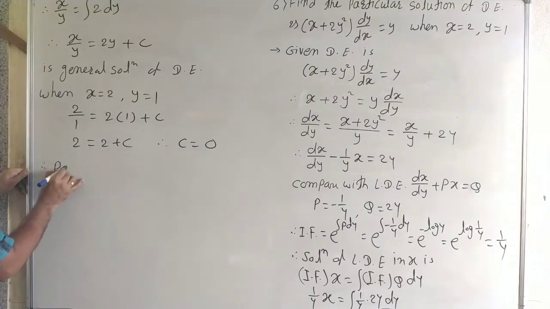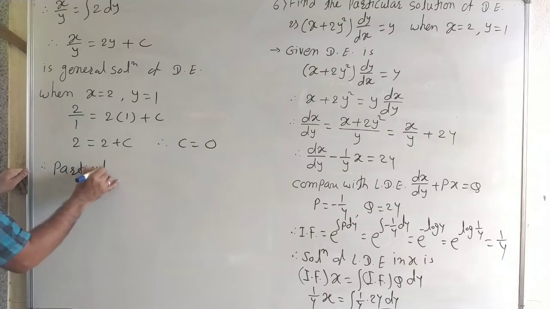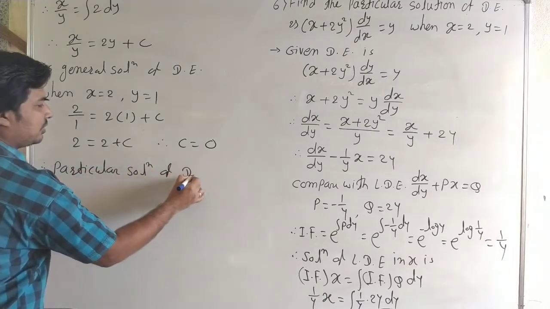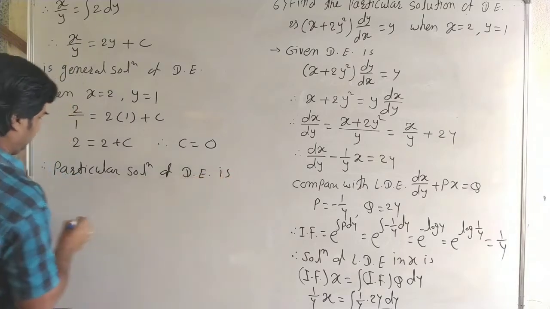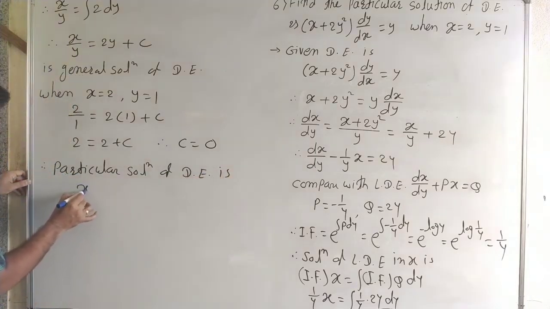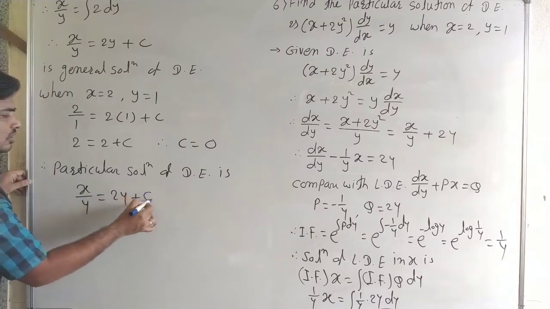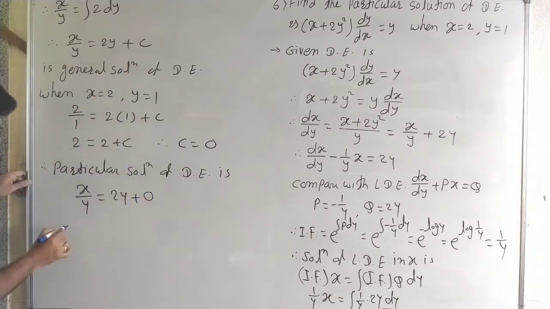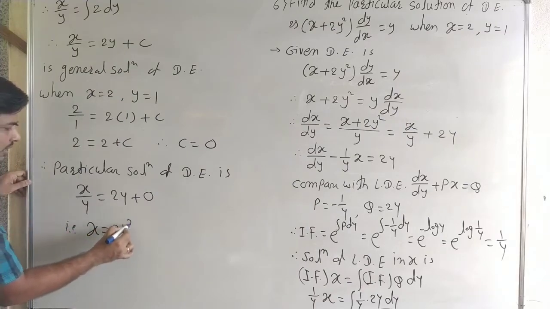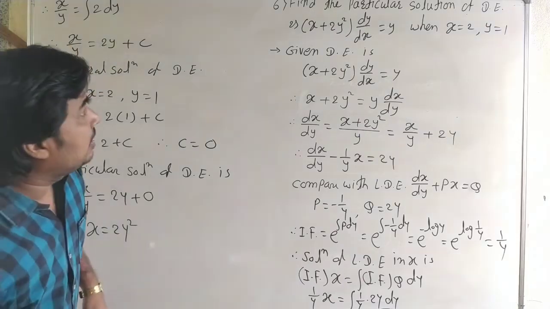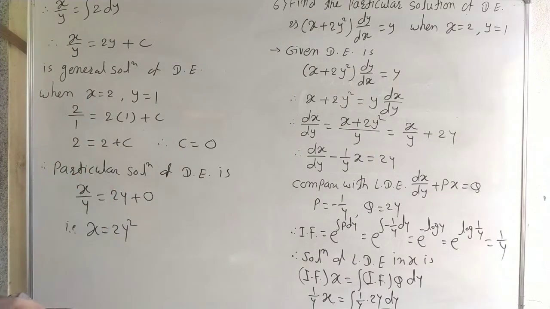Therefore the particular solution of the given differential equation is x by y is equal to 2y plus 0, 0 is the value of c, and that is x is equal to 2y square is the particular solution of this differential equation. See carefully this. Okay. Now we see the next example.